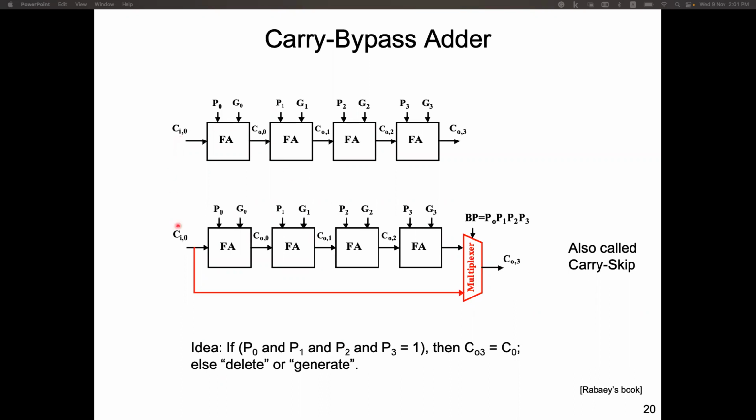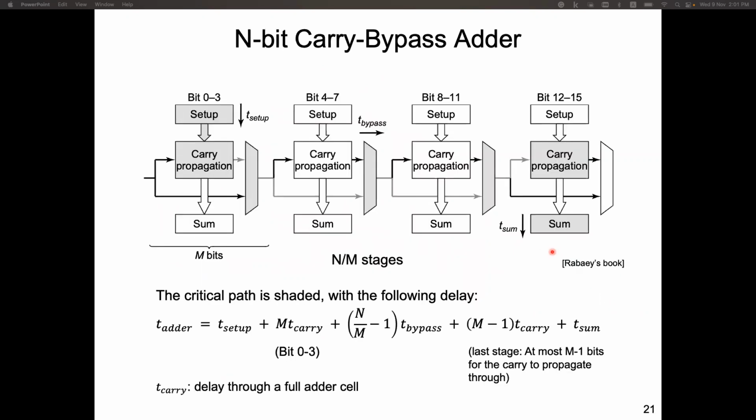Okay, so this is a carrier bypass, also called a carrier skip stage. Now we consider, say we have a 16-bit adder. We divide it into 4 stages. Each stage is like this. In each stage, we have a 4-bit adder.